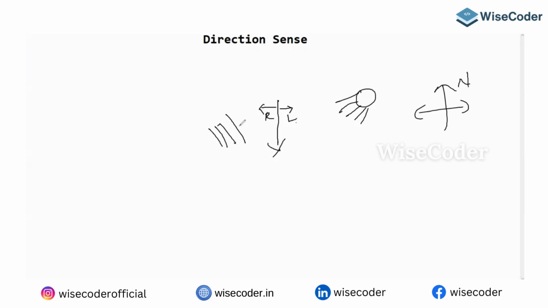The shadow is falling on his right, so he is facing towards south. So the answer for this question is south. Next question.